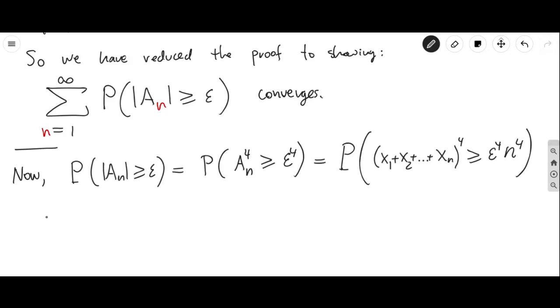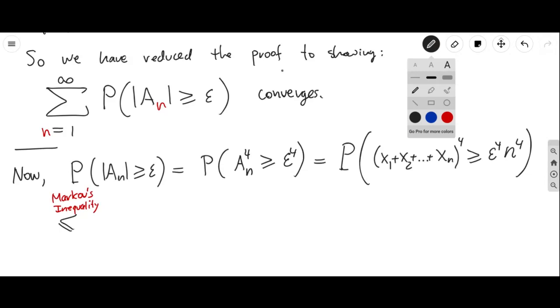And now we're going to use Markov's inequality from before. This is a concentration probability: we have a certain expectation, and we're asking for the tail probability that this is larger than some number.